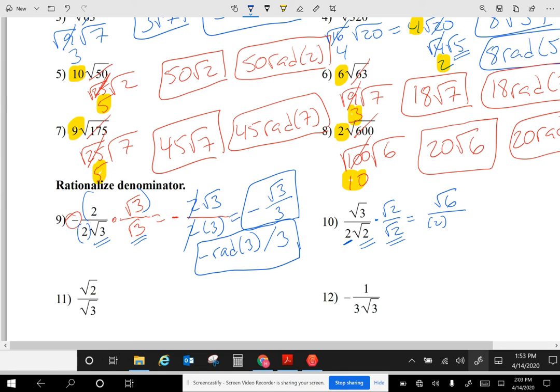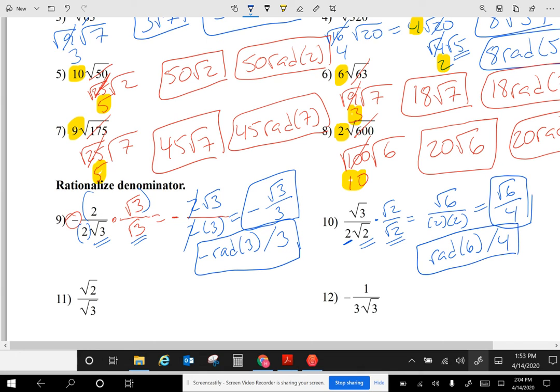Radical 2 times radical 2 is just 2. So I get radical 6 over 4. Nothing can simplify. Remember, that 6 is a radical and that 4 is a whole number, so I cannot combine them. The way I will type this will be, for radical, I'm going to go rad 6 over 4.